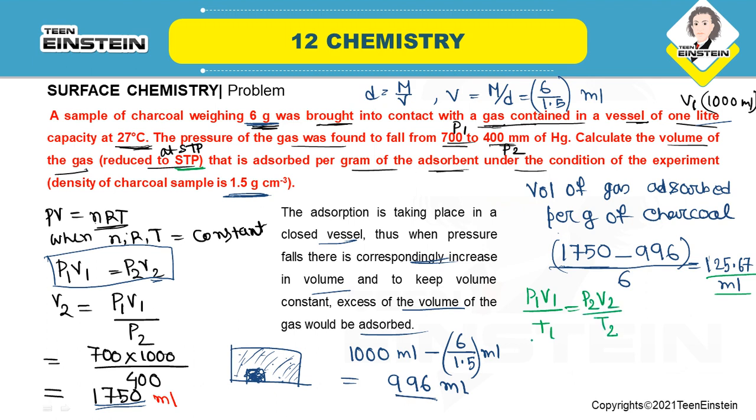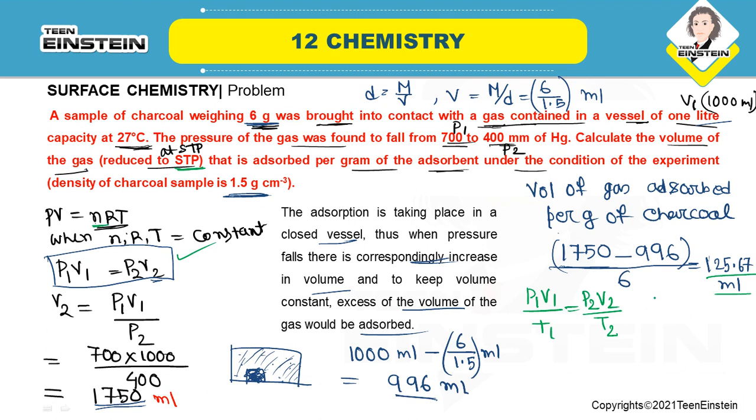Now it is possible because here n and R are constant, because when you are changing the condition from reaction condition to STP, the mole number will be the same, and R is already constant, but temperature will change. In the previous case we used P1 V1 equals P2 V2 because at that time the temperature was 27, but now we are changing the condition from experiment to STP, so the temperature is obviously different.